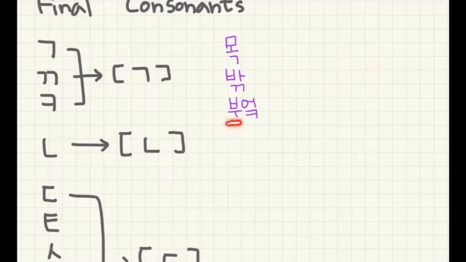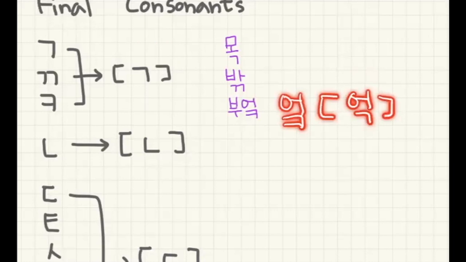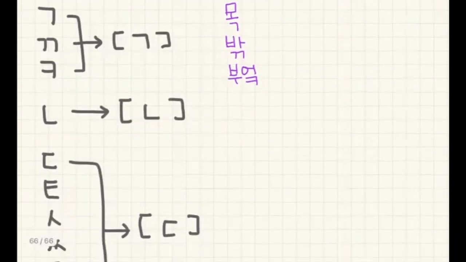And next one is, can you read only this one? 부. Can you read this one? 억. Even though it looks like that, it sounds the same as 그. 부, 억. Next one, I will show you an example.